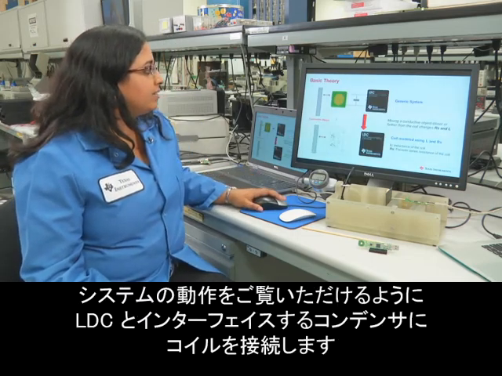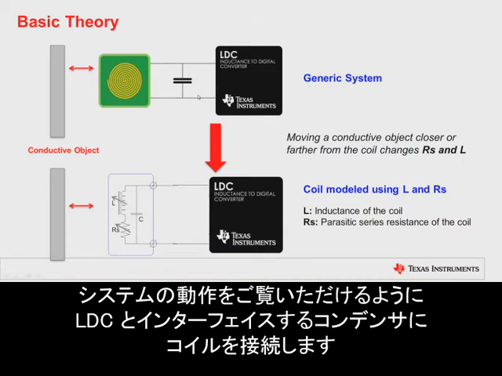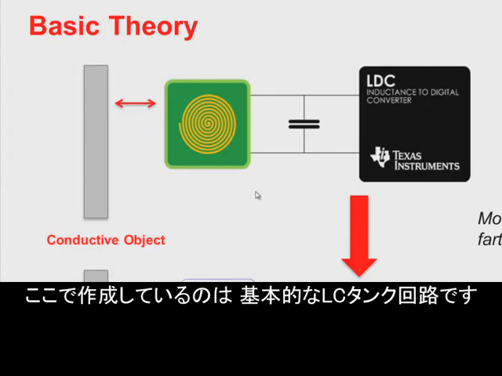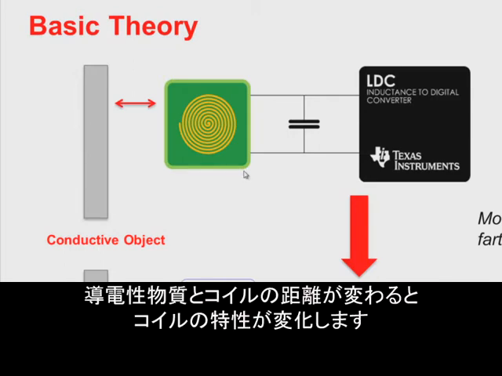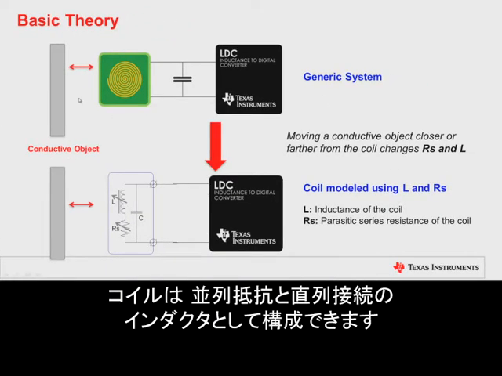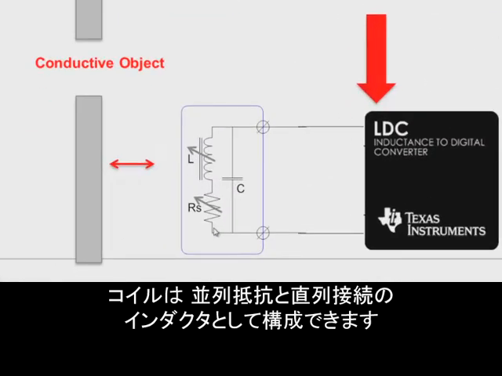To give you an idea of what this system looks like, we have the coil connected to a capacitor, which interfaces with the LDC. This is essentially an LC tank that is created here. As a conductive object moves further or closer to the coil, it changes the characteristics of the coil. The coil can be modeled as an inductor in series with a parallel resistor.